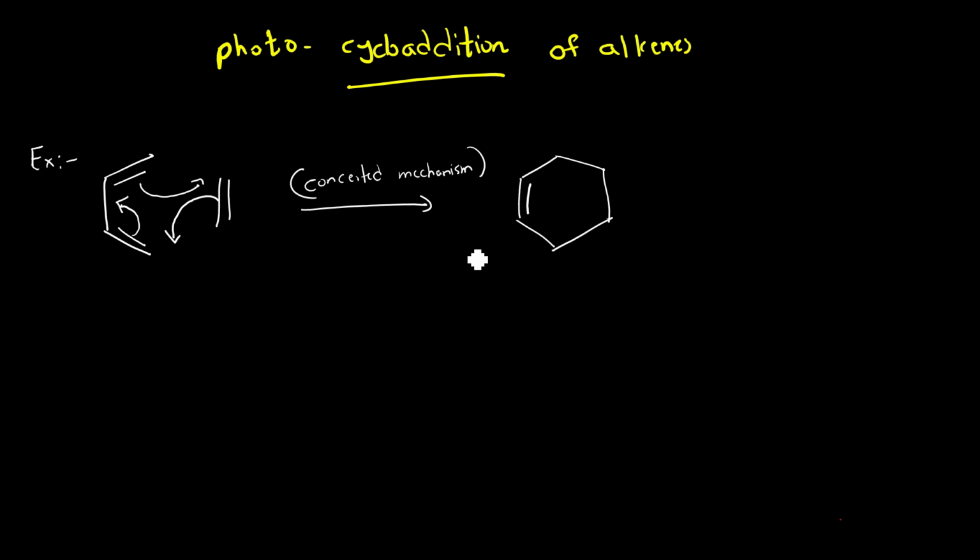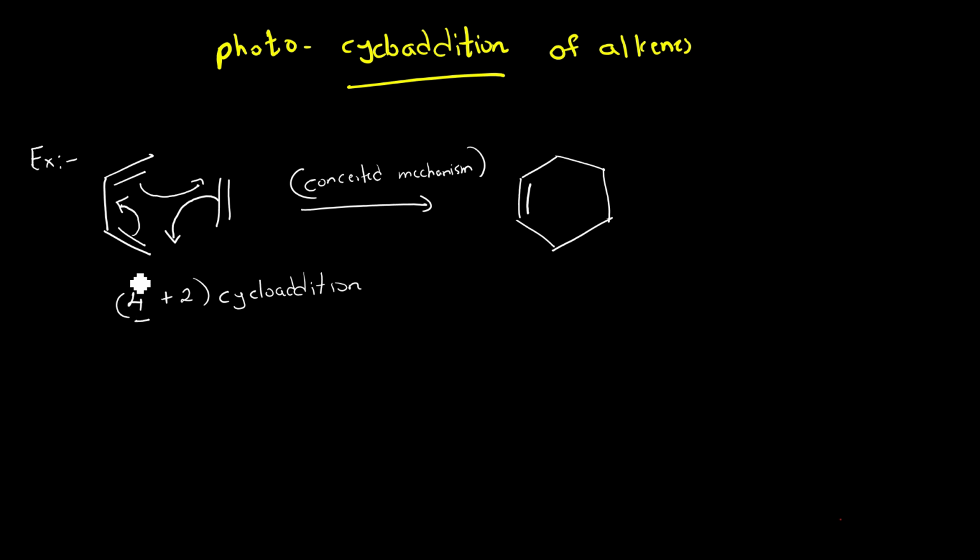Now there's a specific way to denote this. We call this 4+2 cycloaddition. Most of us get confused by this nomenclature. The 4 means the number of pi electrons involved in the particular mechanism, otherwise the reaction.